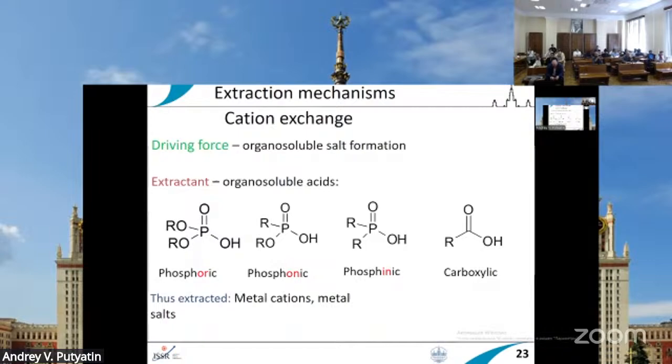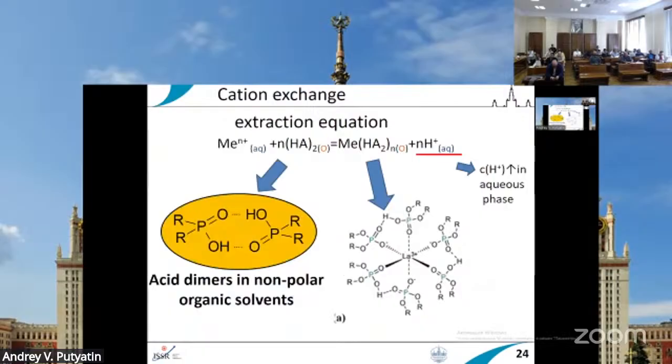And by this mechanism, we can extract metal cations and metal salts. And this mechanism is more difficult than the solvation mechanism. Here we can also write down an equation for extraction by this process. And as we say, it's an exchange. Metal goes to the organic, and from the organic, the protons go to the aqueous phase.